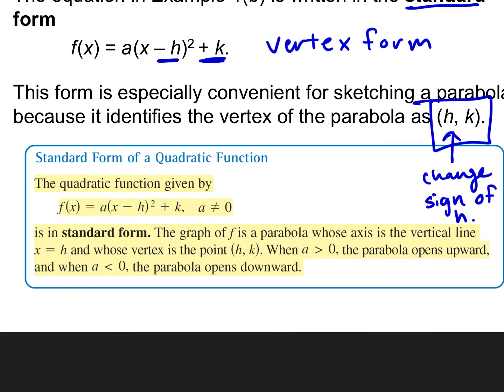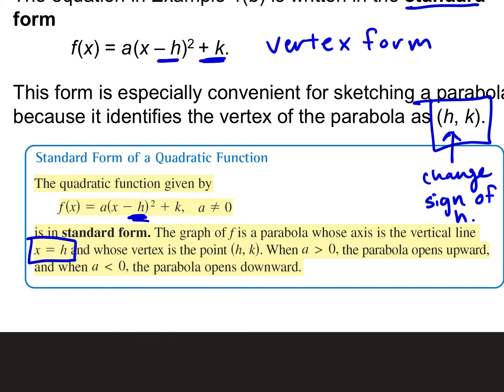Right, and then another point here is that our axis of symmetry is that x is equal to h. So whatever our h value is, that is our axis of symmetry. Change the sign. So notice how here it's a minus h, but here it's a positive h. So you just change the sign.